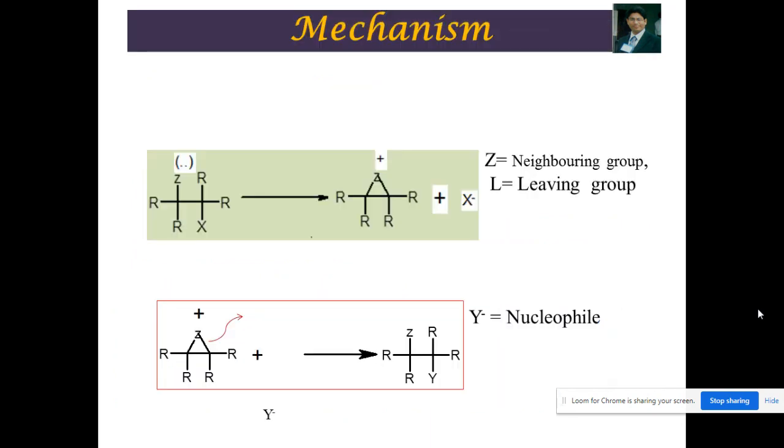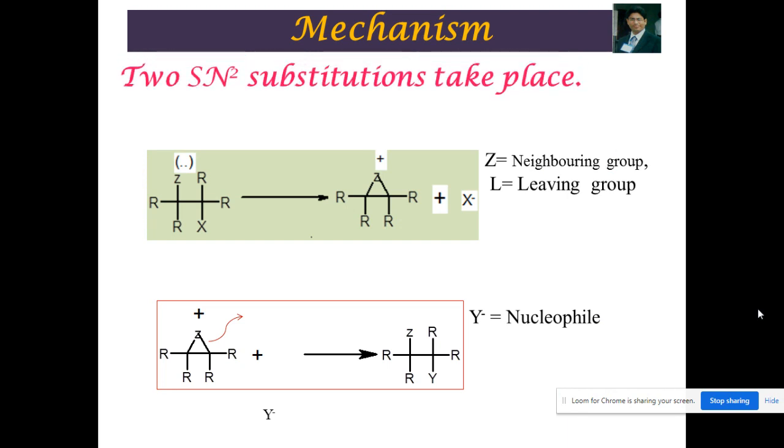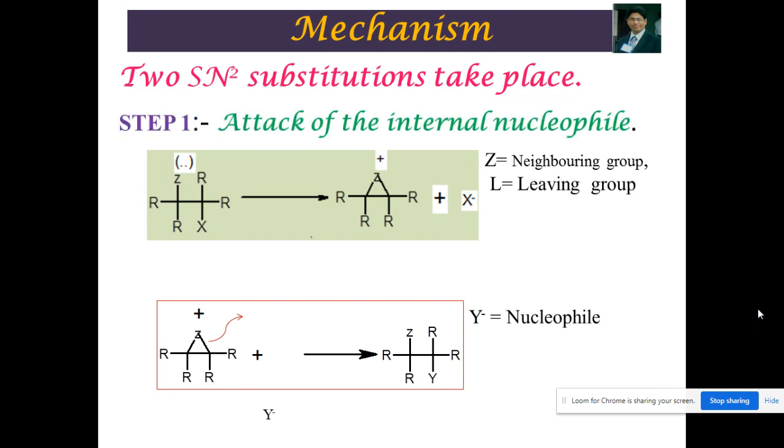Now, what is the mechanism for this reaction? Two SN2 substitutions take place in this mechanism. Step 1, attack of the internal nucleophile.